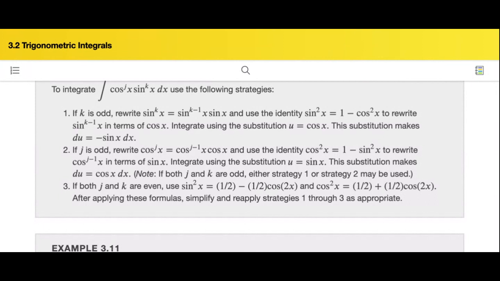So we have to split one out to be sine x dx or cosine x dx. Yes, you're right, it's similar. We just have to do one step further. So if both j and k are even, we have to use this half angle formula. Sine squared is half minus half cosine 2x. Cos squared is half plus half cos 2x.